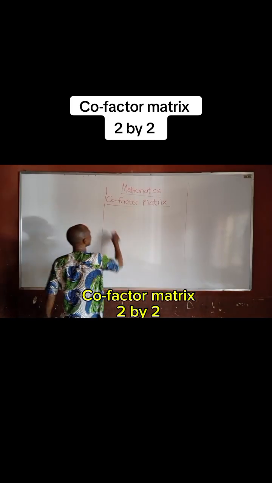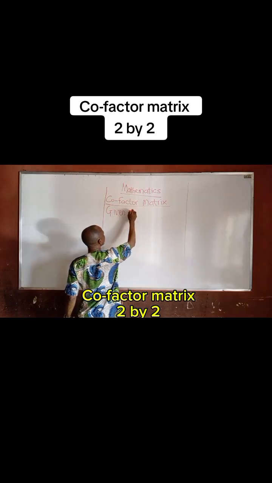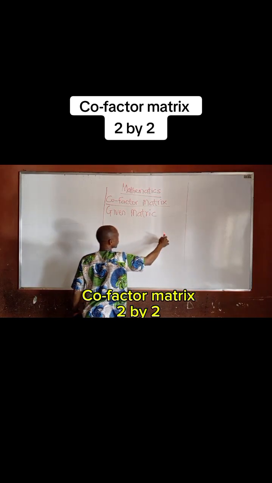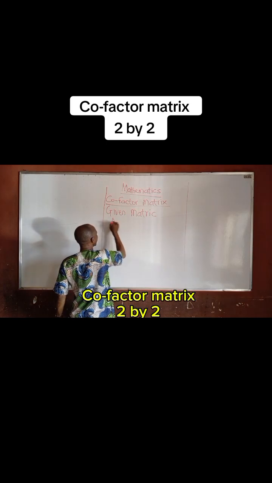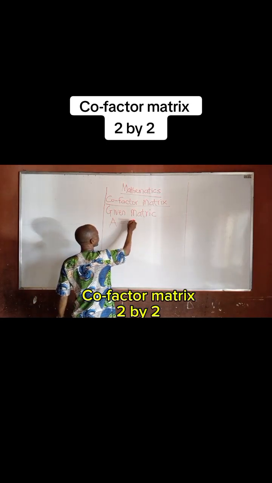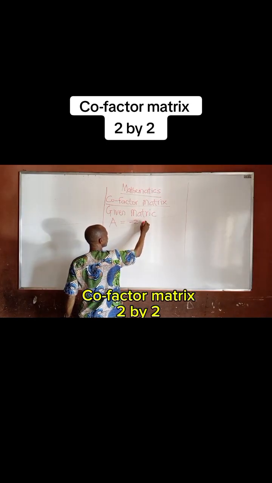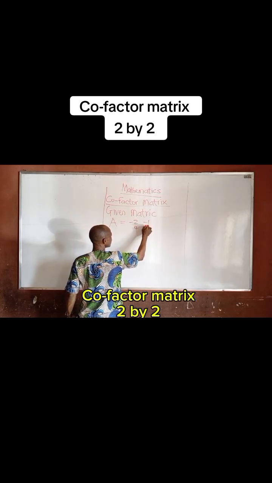For example, we are going to look at how we find the cofactor of a given matrix. For example, given matrix A is equal to, let me say, minus 2, minus 1, 4, and 5.